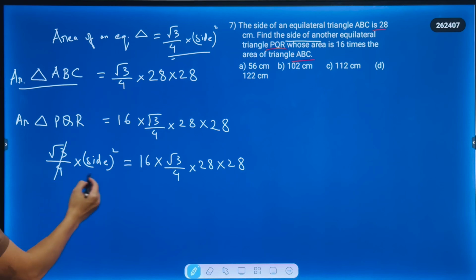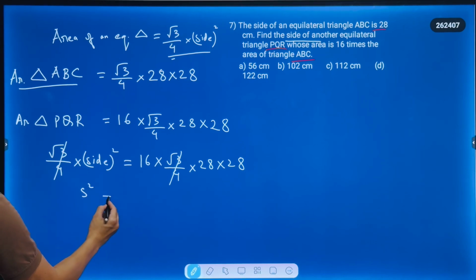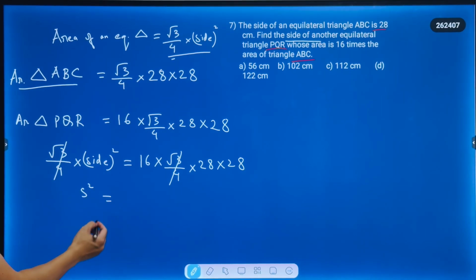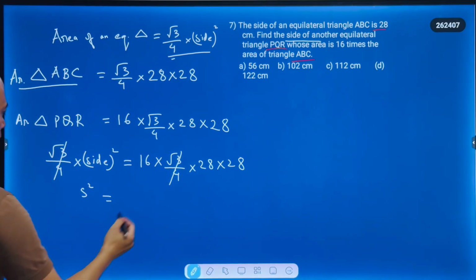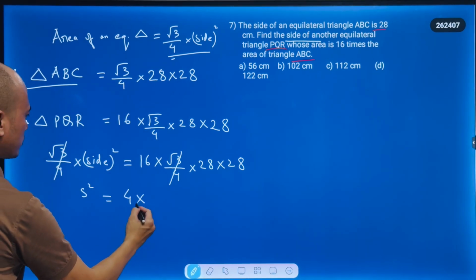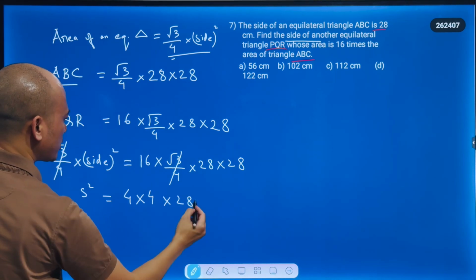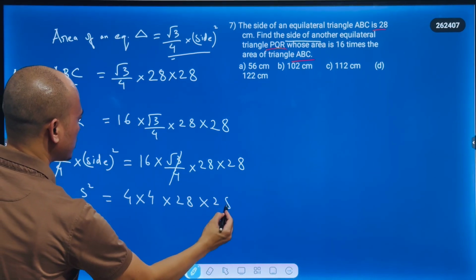So root 3 by 4, root 3 by 4, it gets cancelled. Then side square, or you can say it is s square. So we have to find the square root of this number. We make a pair of 2, 16 we can write as 4 into 4, and 28 into 28 is already a square.